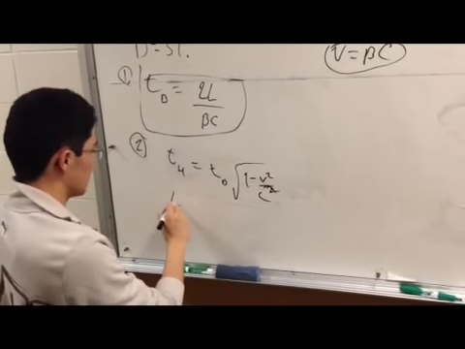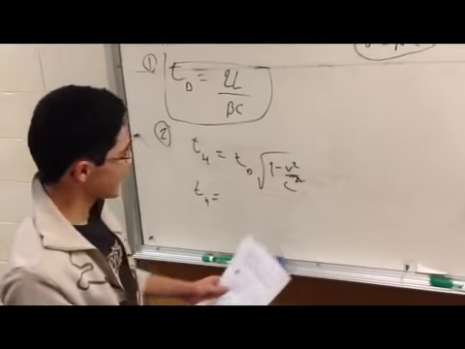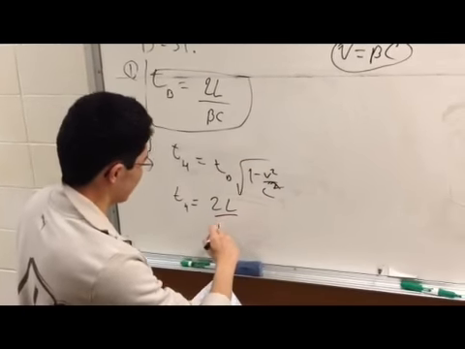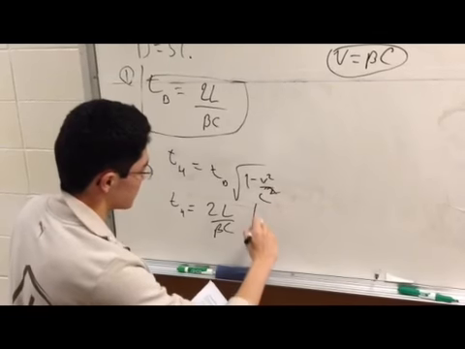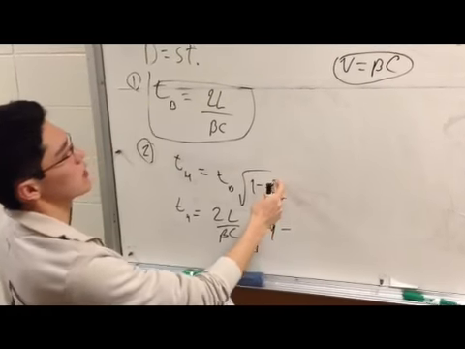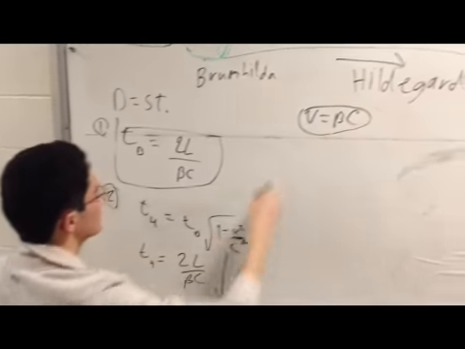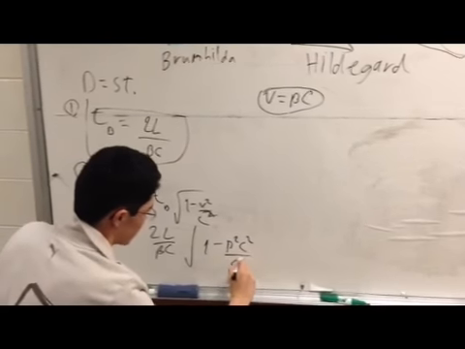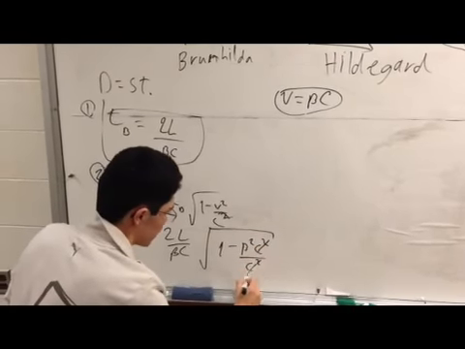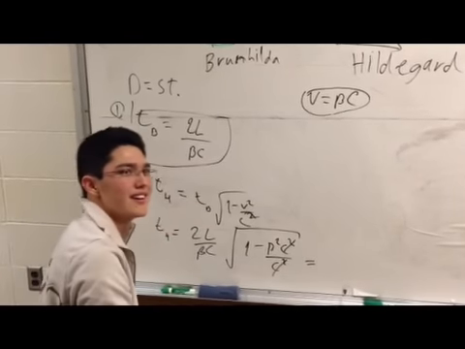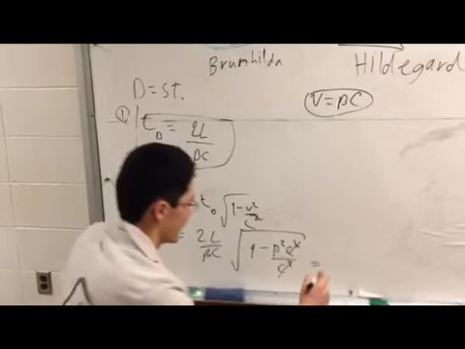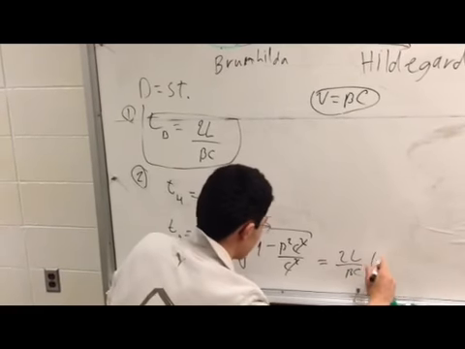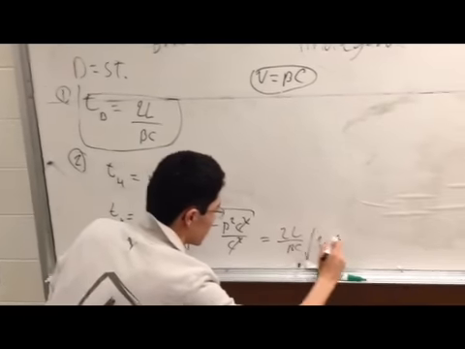So we just plug it in. t_H equals 2L over beta c times the square root of 1 minus, so v, we know velocity is beta c, so it's beta squared c squared over c squared. The c squared cancels out, and okay, 2L over beta c times the square root of 1 minus beta squared.